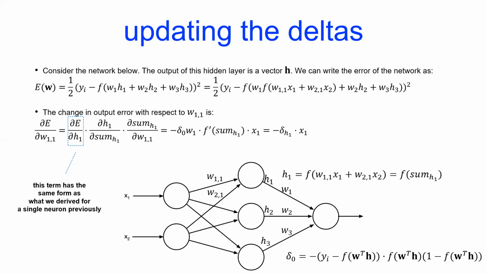Just think about W1 multiplied by H1. If you take the derivative with respect to H1, you get W1; with respect to W1, you get H1. So because now we take the derivative with respect to H1, you will get W1. And this delta 0 is essentially the same thing as before. All right. Are we okay with that? Yeah, please just stop me if I confuse you.